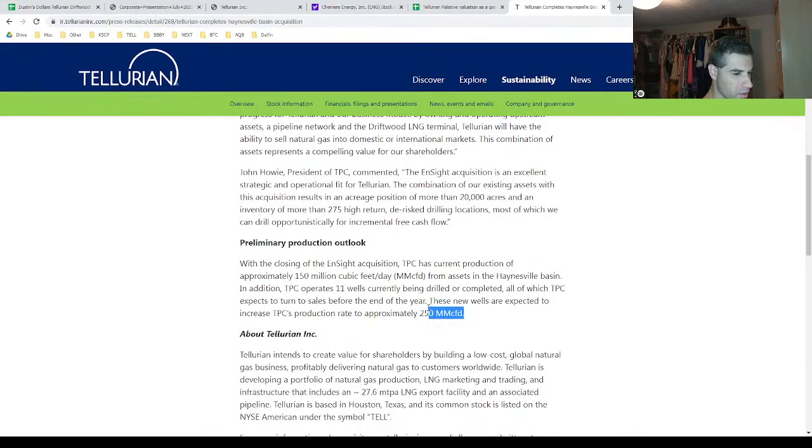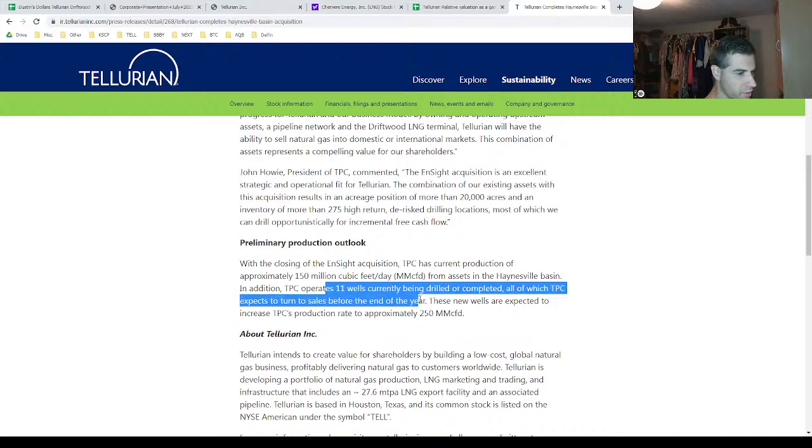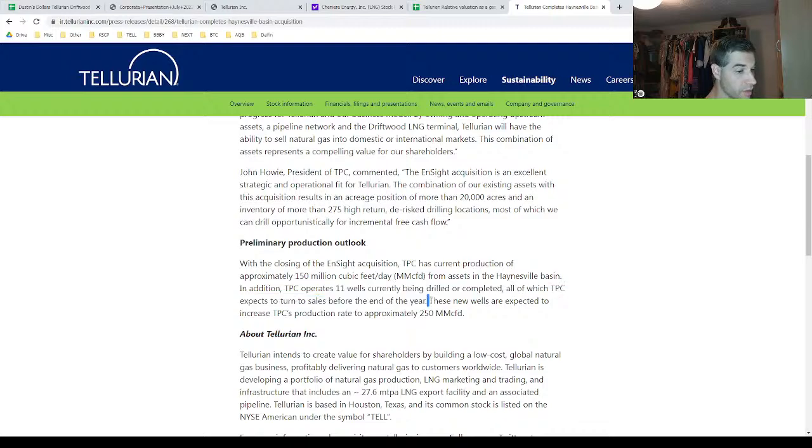The new wells, and they're talking about this year, the 11 wells currently being drilled or completed, all of which TPC expects to turn to sales before the end of this year, are expected to increase their production rate to approximately 250 MMCF per day.